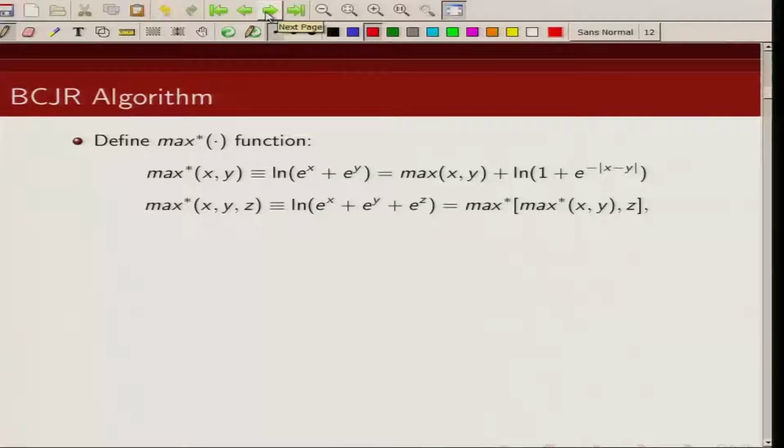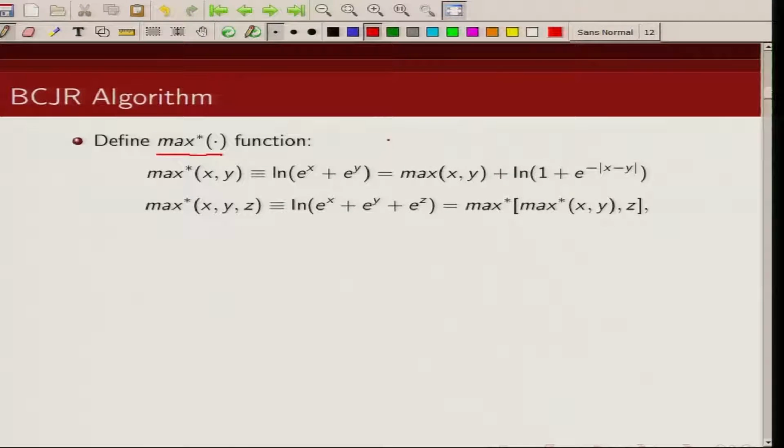Now, I just want to introduce an operator which I call the max star operator. What is the max star operator? Max star of x and y is defined as log of e to the power x plus e to the power y.